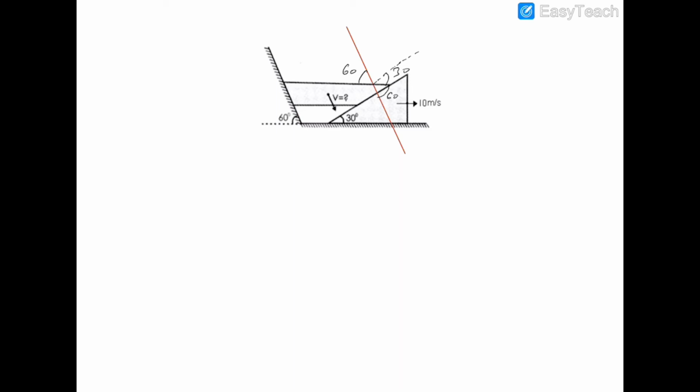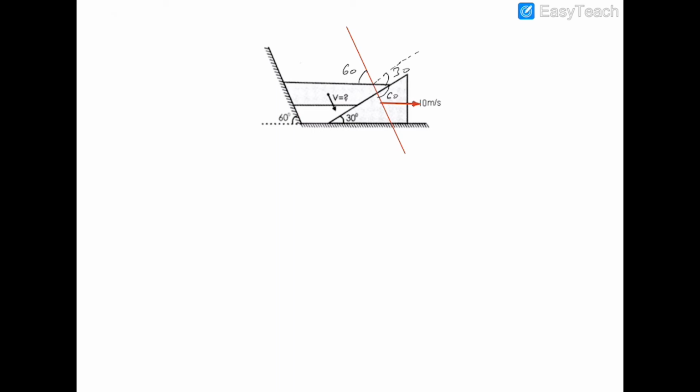So resolving out these velocities along the normal, the velocity of this wedge is like that, and the velocity of this rod is already in the direction of the normal. You can see that.